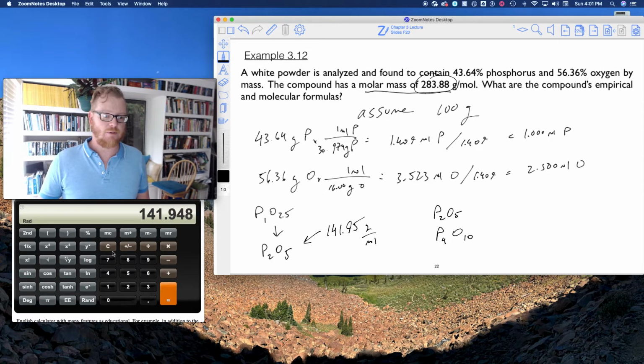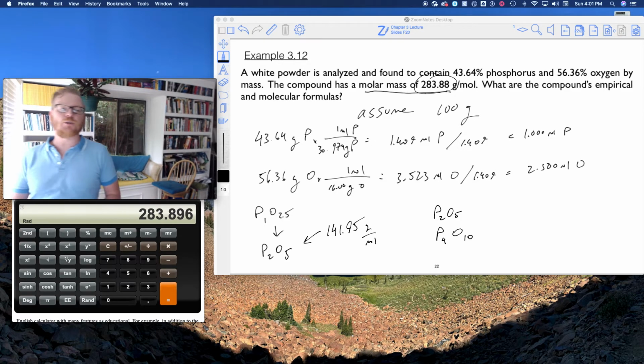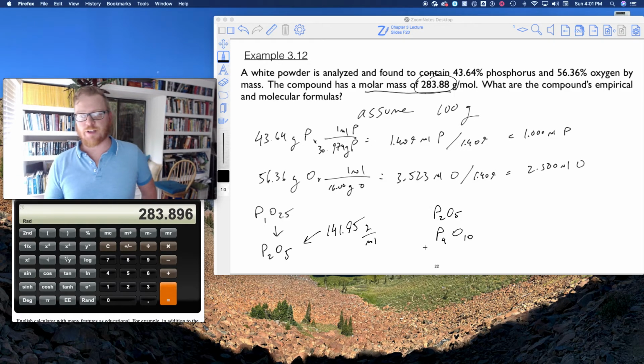What do we get? 4 times 30.974 plus 10 times 16, and look at that, 283.896. This says 283.88. Perhaps I didn't use enough sig figs or whatever. Doesn't matter. It's very close, and that's good.